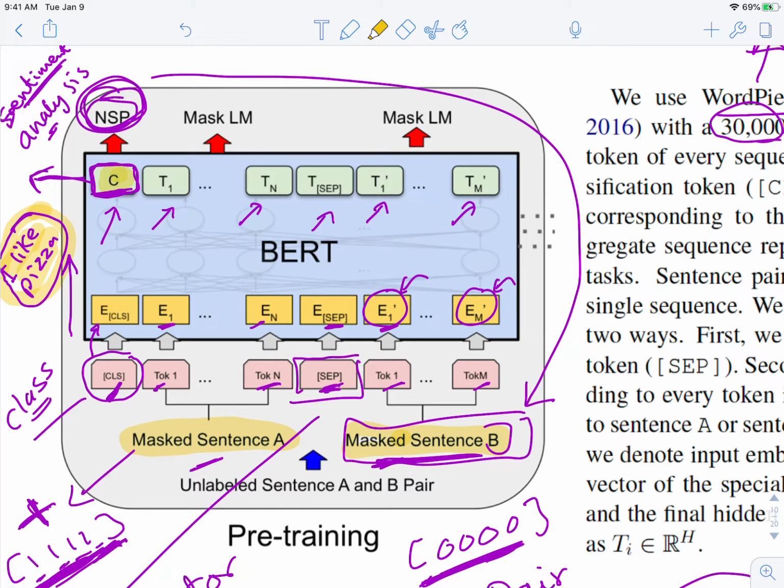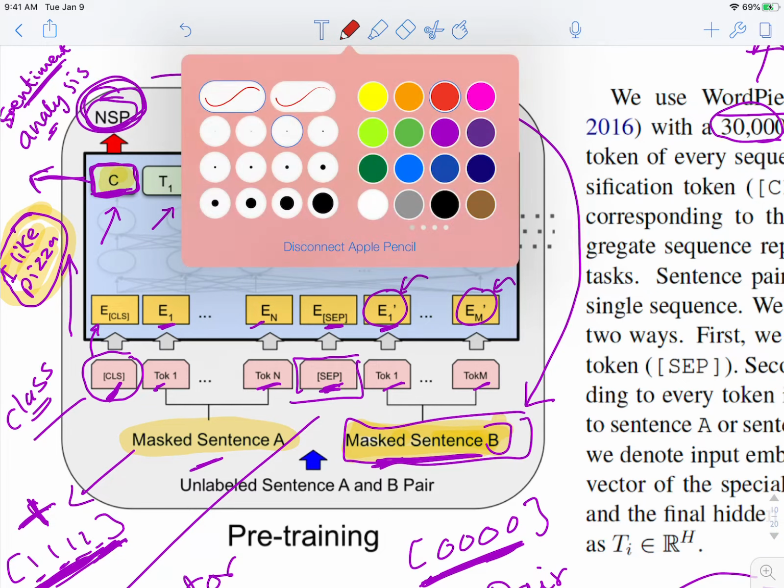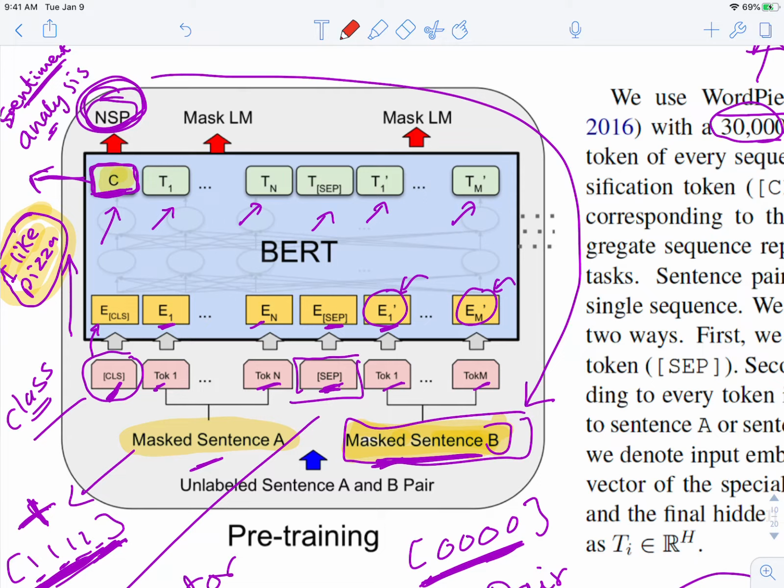In this case, we wanted to predict if the masked sentence B is the next sentence or not. But in the case of sentiment analysis, we want to predict if the sentiment is positive or not. So that masked sentence B is analogous to the sentiment label, which is either positive or negative.